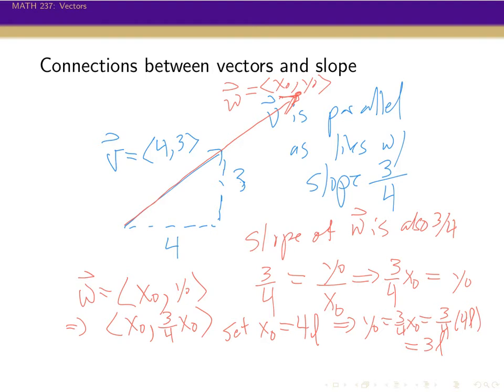And so what's w going to look like? It's going to look like 4L, 3L. How is that different than our original vector v, which is 4, 3? We're just multiplying each component by the same amount, L. So what does this mean?